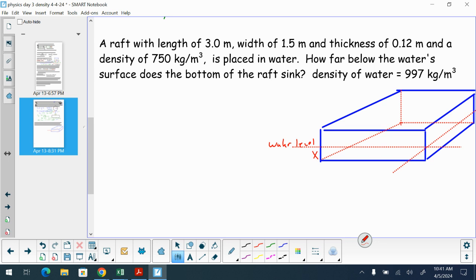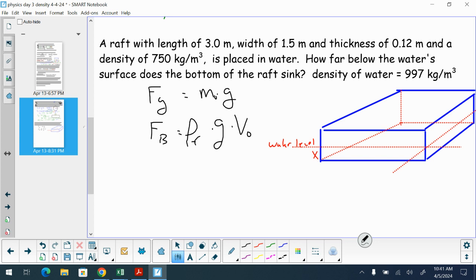Well, what we have here, once again, in the y direction, we have our force of gravity and our buoyant force. The force of gravity, once again, is mass of the object times gravity. But the buoyant force, how we calculate it, is density of the fluid times gravity times the volume of the object.